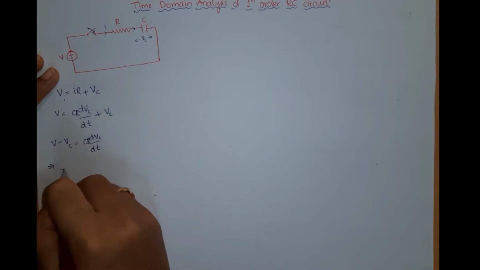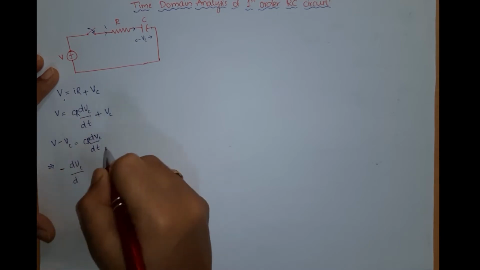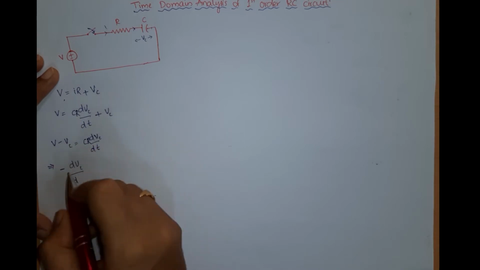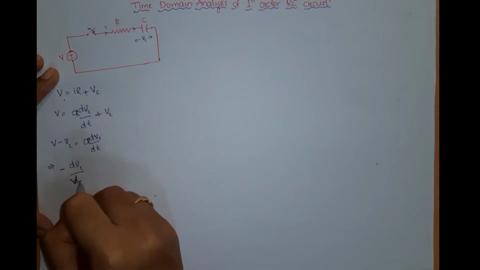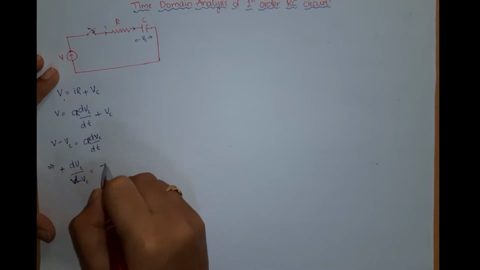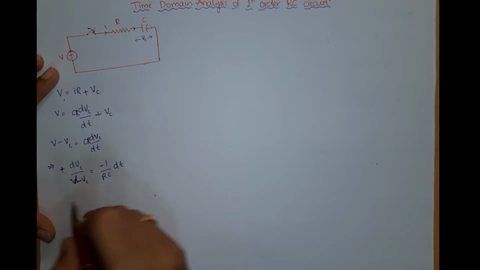Now rearranging this, I get dVc by V minus VC equals minus 1 by RC dt.